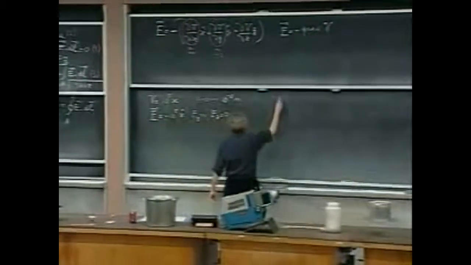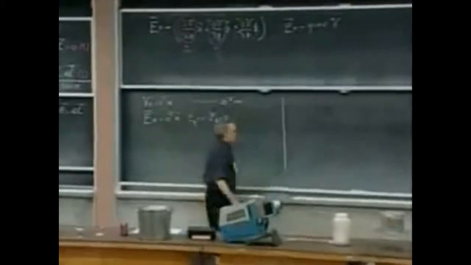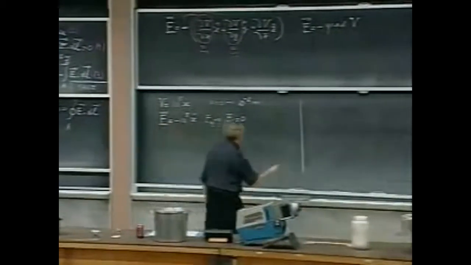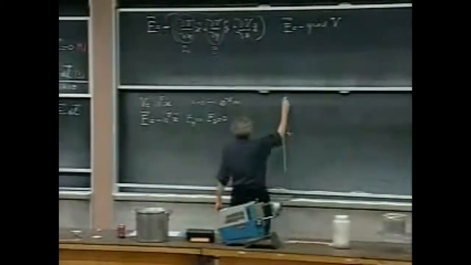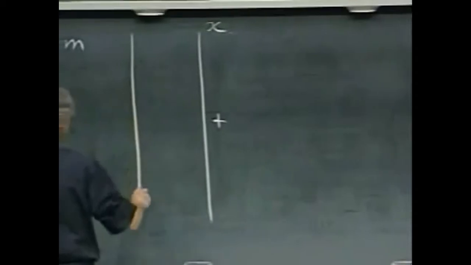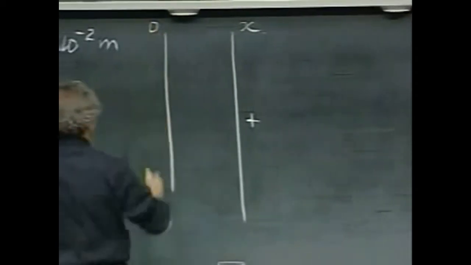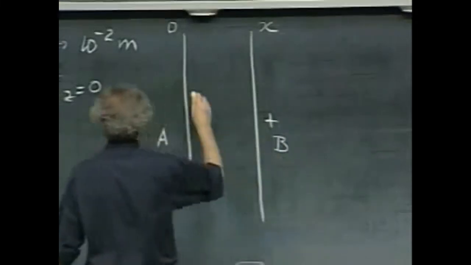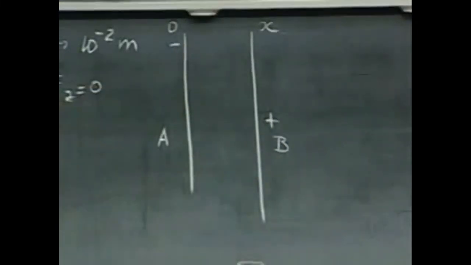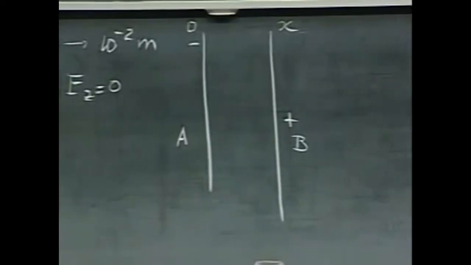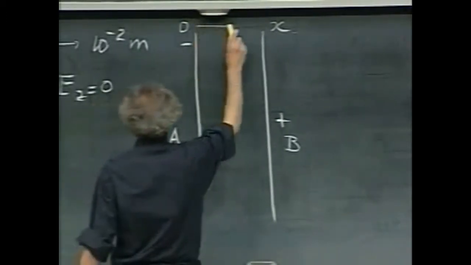Imagine that I have here a plate which is charged, is positive charge. And the plate is at location x. And I have another plate here, say at location 0. I call this plate A, and I call this plate B. And this plate is charged negatively. So x goes into this direction.